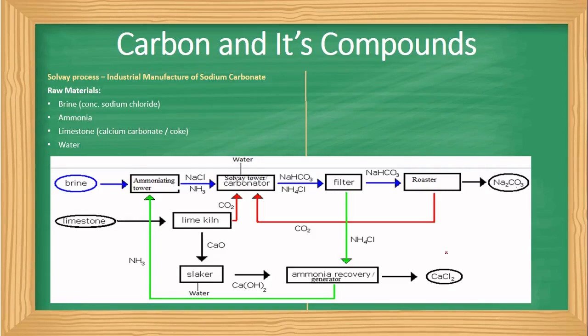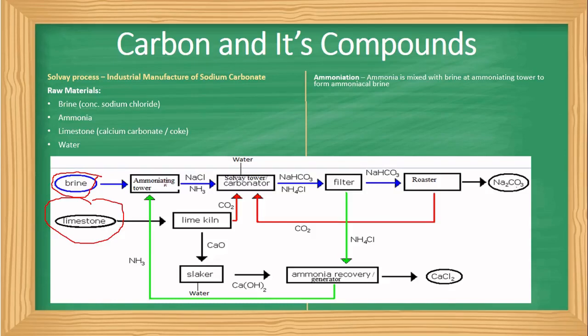I want us to go through the process and what happens at the different stages. Let us start with ammoniation. As you can see in the diagram, the 2 main raw materials are coming in at this end. One of the raw materials is brine, the other is limestone.